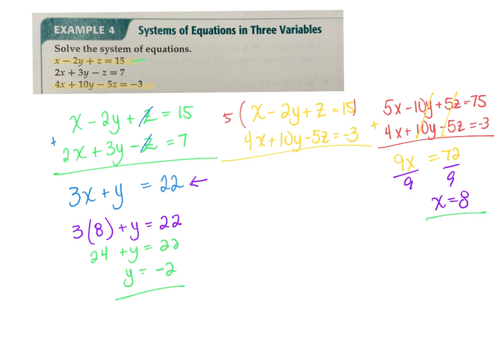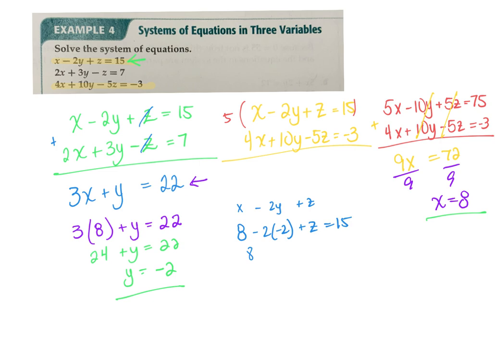So now I have an x and a y. And I can go back to any one of these equations with an x and a y and a z, plug in my x and y, and then I will get my z. So I can say x, well, x is 8, minus 2y, well, y is -2, plus z, I don't know z, that's what I'm solving for, equals 15, right? 8 minus 4. What's -2? So minus a negative, right?